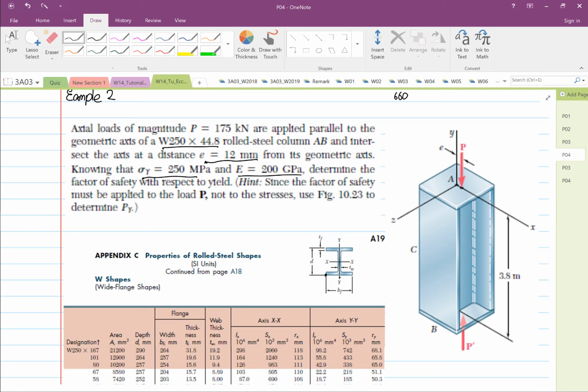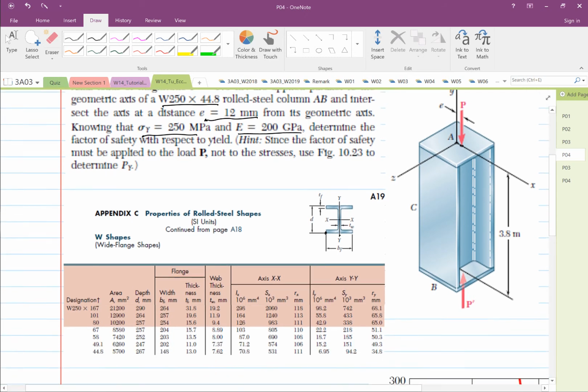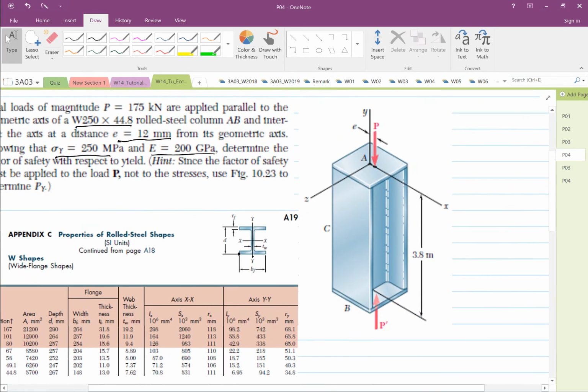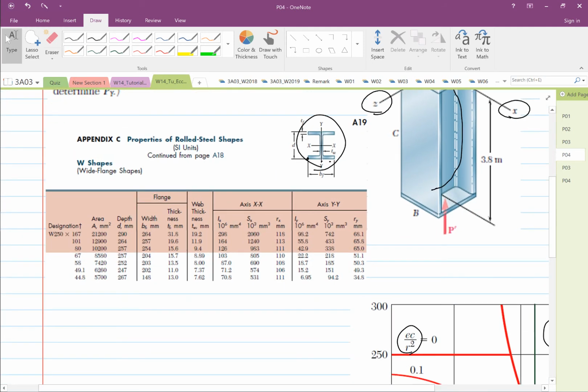Right, so the first thing we're going to do is look at our structure. Our structure will buckle in this direction, right? When it buckles in that direction, I know this transformation is different from here, so you have to be careful. But the way it's buckled, it will buckle about the y-axis.